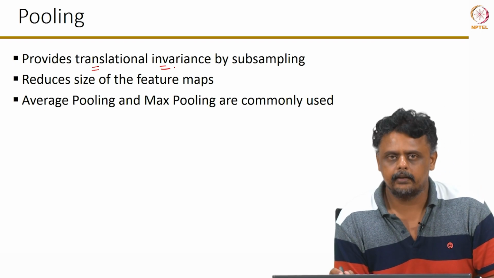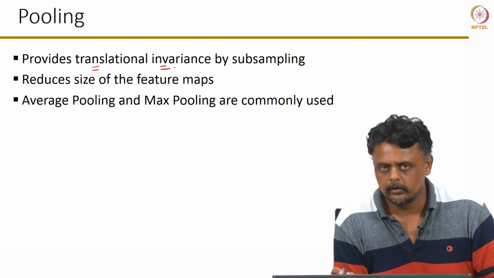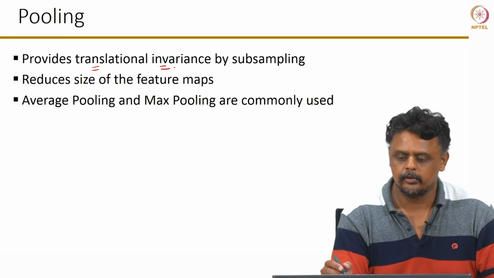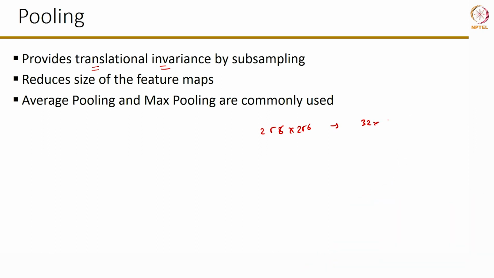If you have an object in your picture and you are trying to localize it using a neural network, and you keep subsampling the picture, let us say from 256 by 256 to 32 by 32, that is almost exactly a factor of 8 reduction.